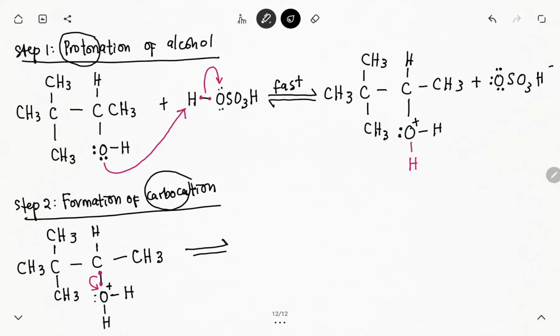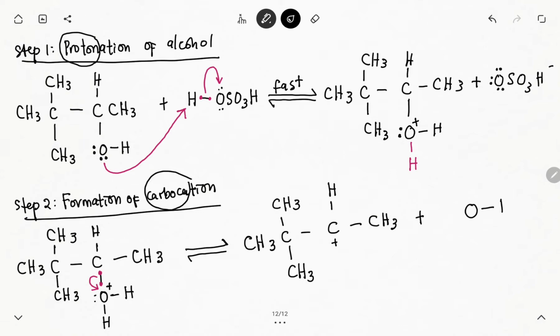The carbocation occurs: CH3, CH3, CH3, CH. This is a CH3, and this side carbon becomes positively charged, called a carbocation, and this process can detect the elimination of the water molecule.